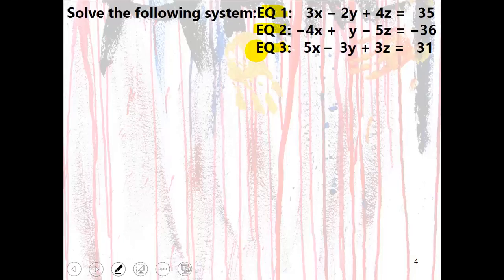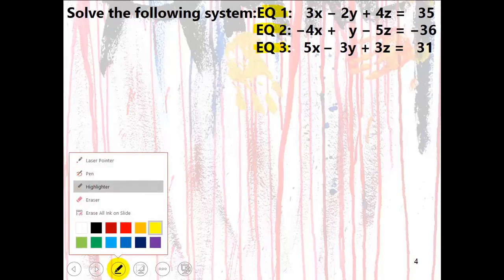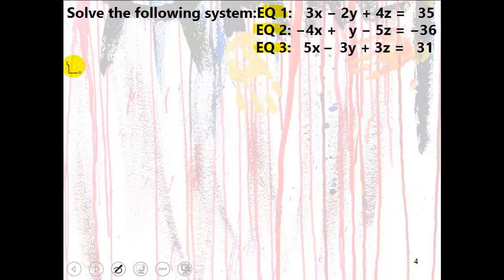In this first example, I'm going to take equation 1, I'm not going to change anything on that one. And so I get 3x minus 2y plus 4z is equal to 35.